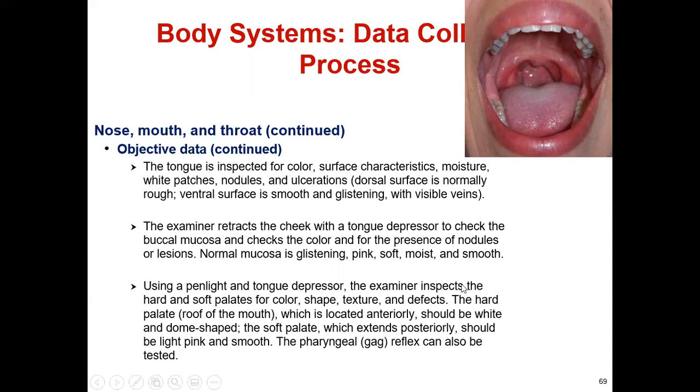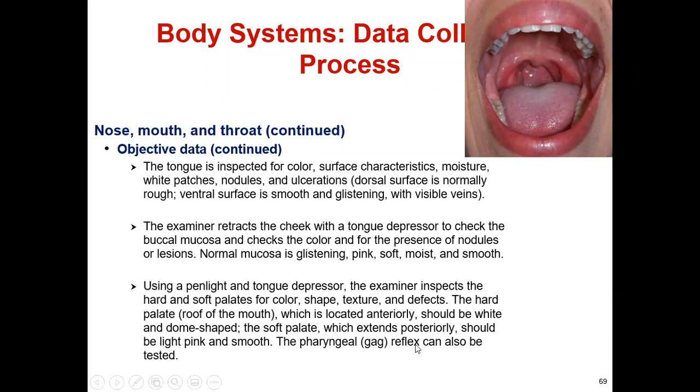Also inspect the hard and soft palate for color, shape, texture, and any kind of defect. The hard palate is up there. The hard palate means the roof of the mouth, which is located anteriorly, and it should be white and dome shaped. The soft palate, which extends posteriorly, should be light pink and smooth.